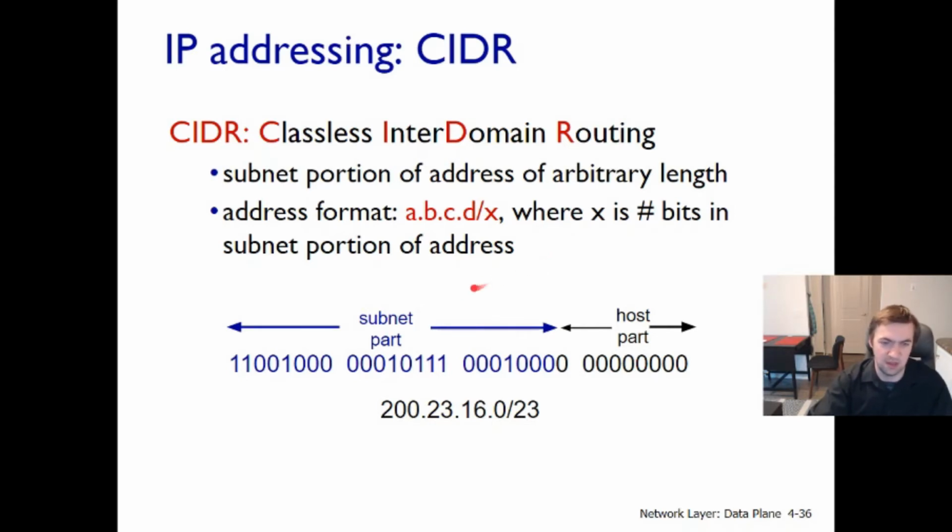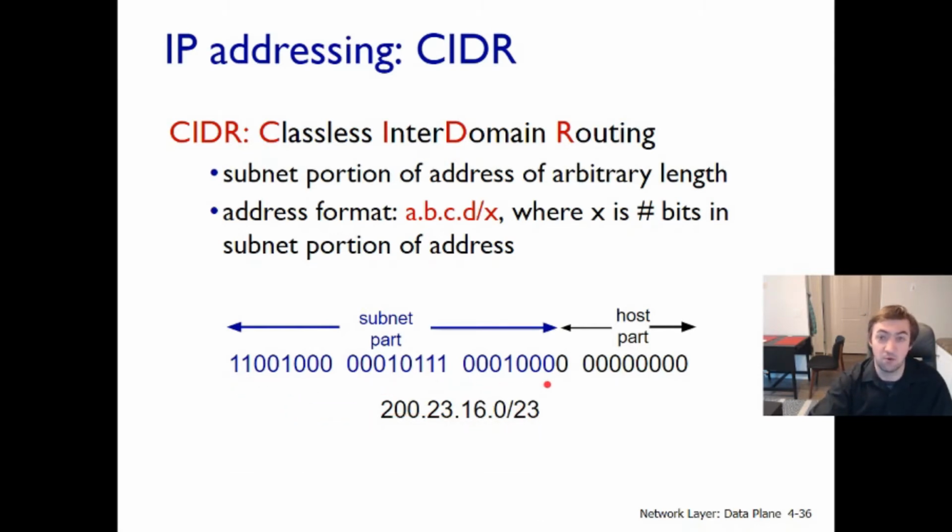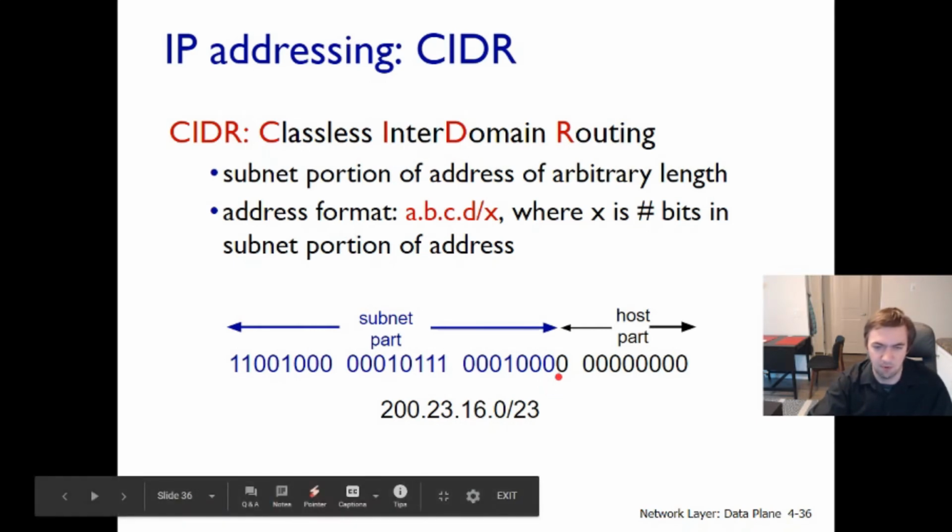So you might see something like 200.23.16.0/23. What this means is that the first 23 bits refer to the subnet, and the remaining bits, which there are 9 left, 8 plus 1, refer to the host.